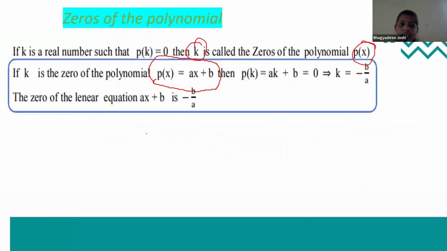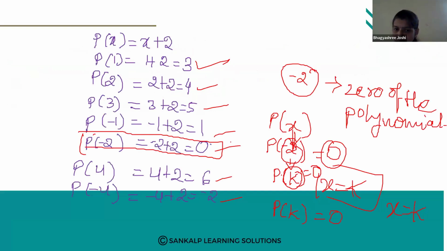That is what we say here. If k is a real number, then P of k is equal to 0, meaning in which value of k the polynomial becomes 0. That is the k value. Whatever value we put here, that is k. P of k is equal to 0. Then k is called the zero of the polynomial. Here minus 2 is the zero of this polynomial. This minus 2 is k only.